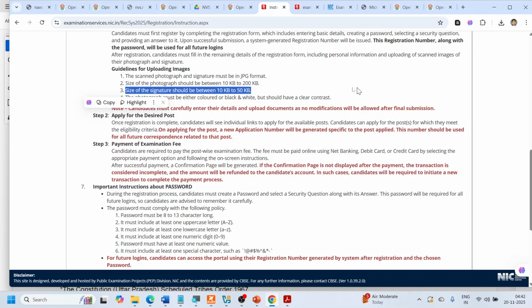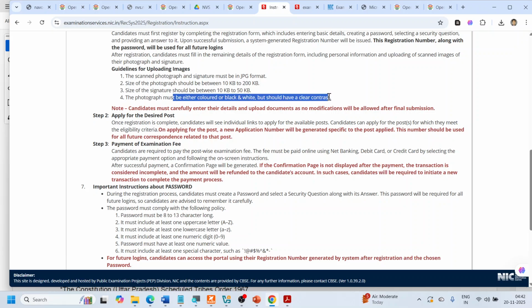Take a photograph of that, and it must be a maximum of 50 KB, and the photograph must be either colored or black and white, but it should have clear contrast. That is very much required. You go to a photographer and ask them to take a photograph, and you say that you are applying for the post. They will take the proper photograph.